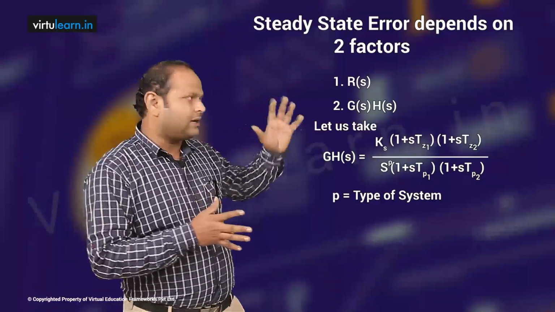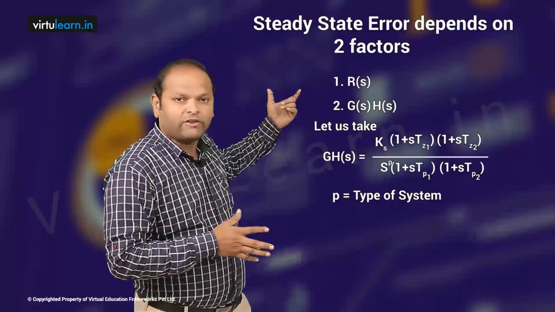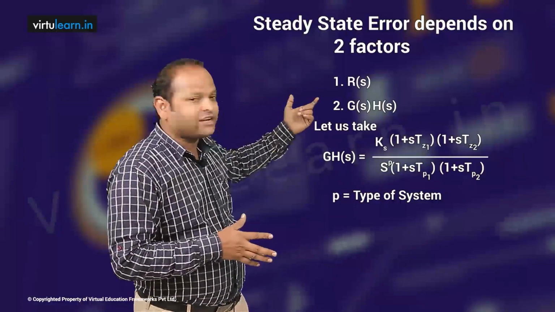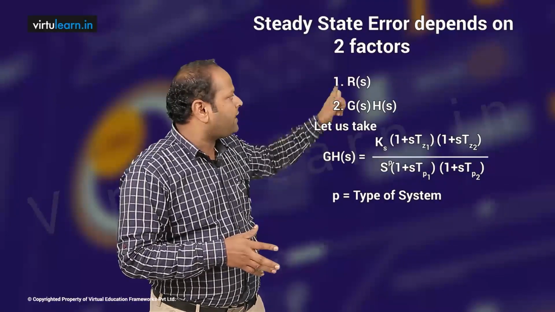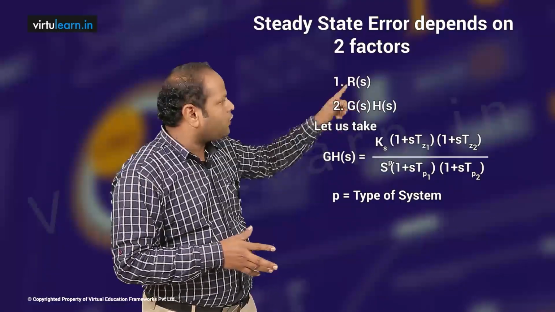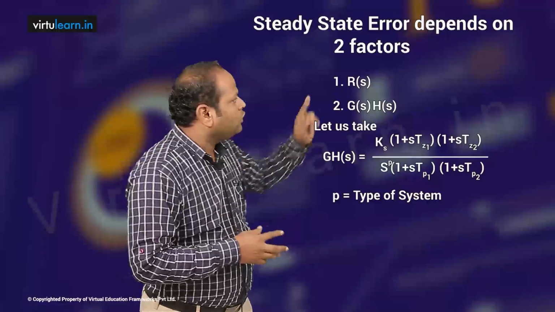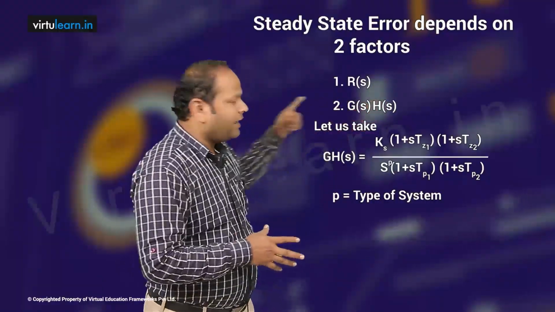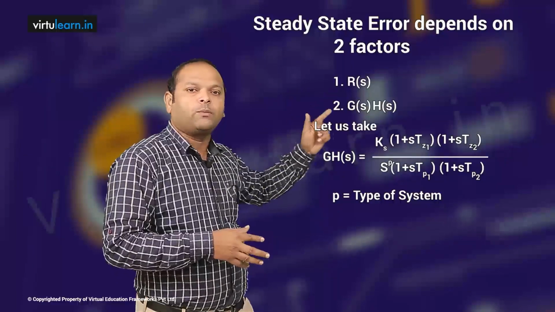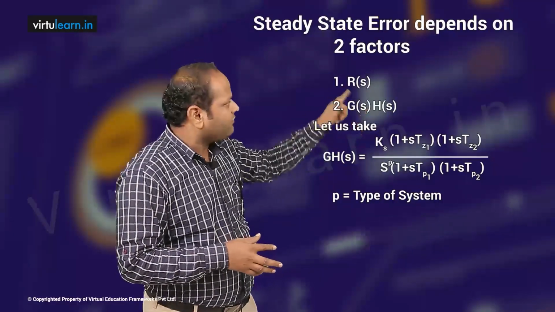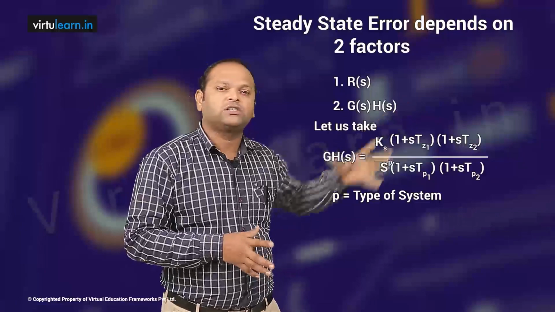If you recollect, the time constant form will be like this. Your GH of s is equal to, in the numerator, Ks into 1 plus s Tz1 into 1 plus s Tz2 and so on, divided by, in the denominator, s power p into 1 plus s Tp1 and 1 plus s Tp2 and so on.